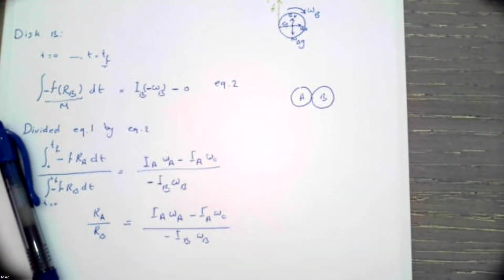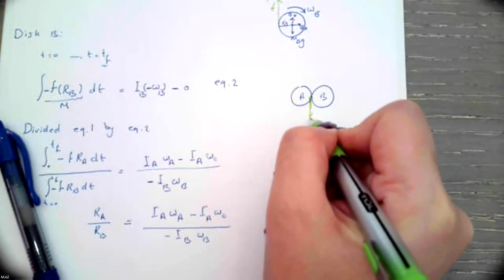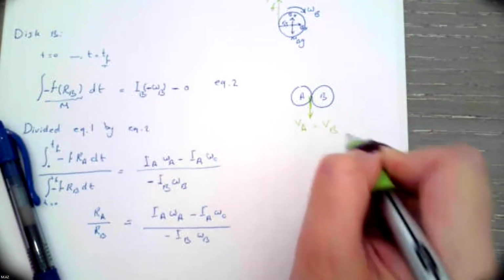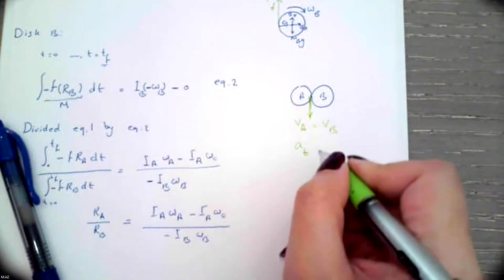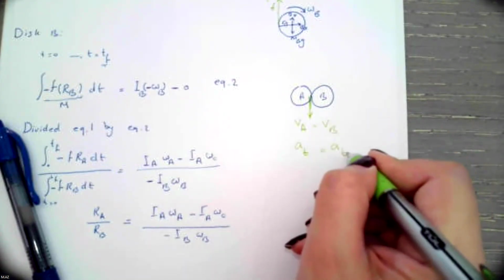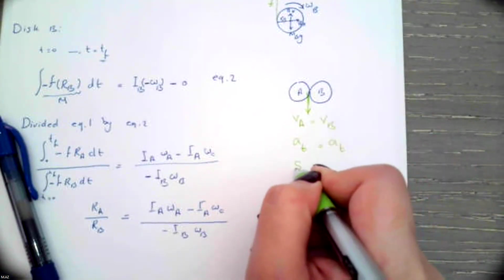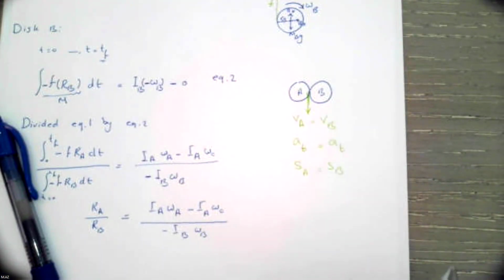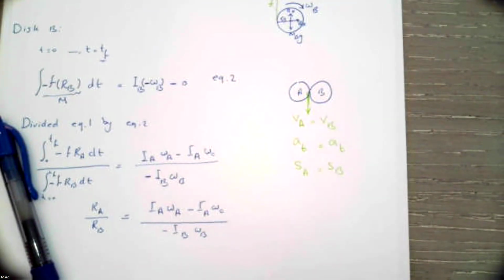Based on the rules that we learned in chapter 17, the velocity of disk A equals the velocity of disk B, the tangential acceleration of disk A equals the tangential acceleration of disk B, and also the displacement. These are the three rules that we have to know when we have this type of motion.